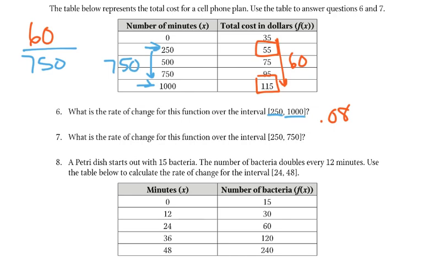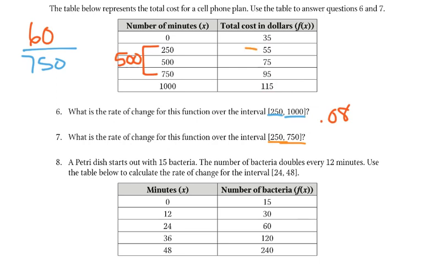Okay, number 7, we've got the interval 250 to 750. So 250 to 750 is a difference of 500 here, right? And then it would be 75. Oh, let's erase this.